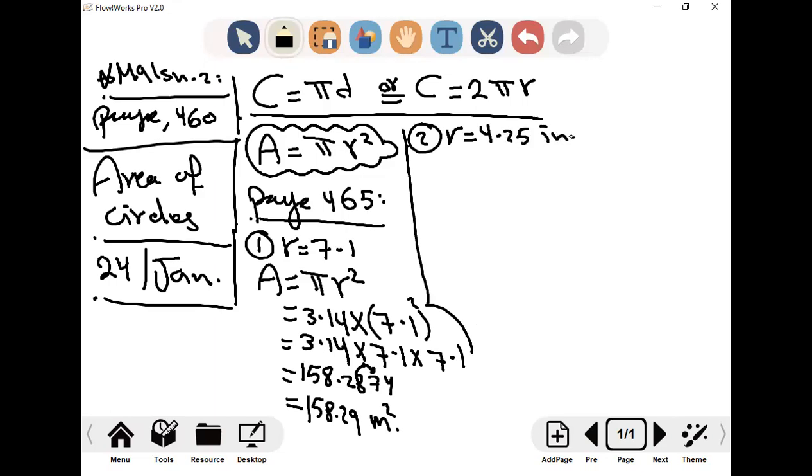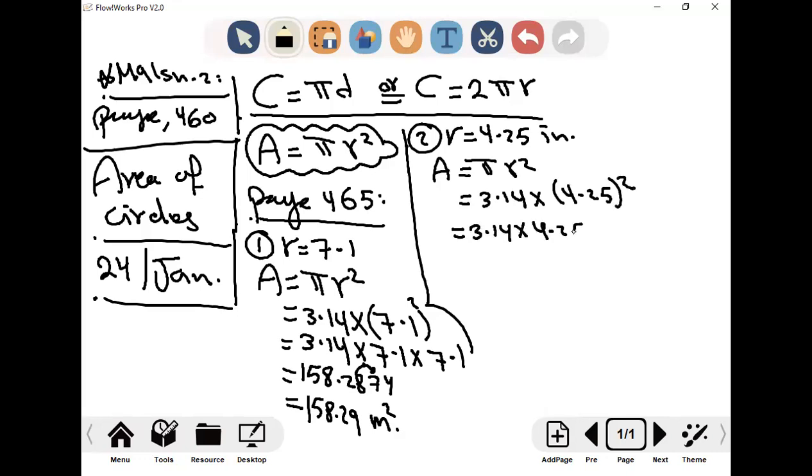Inches. Apply the formula. It has the radius to the power of 2, right? So A equals pi multiplied by r to the power of 2, 3.14 multiplied by 4.25 all to the power of 2. This is equal to 3.14 multiplied by 4.25 multiplied by 4.25, right?